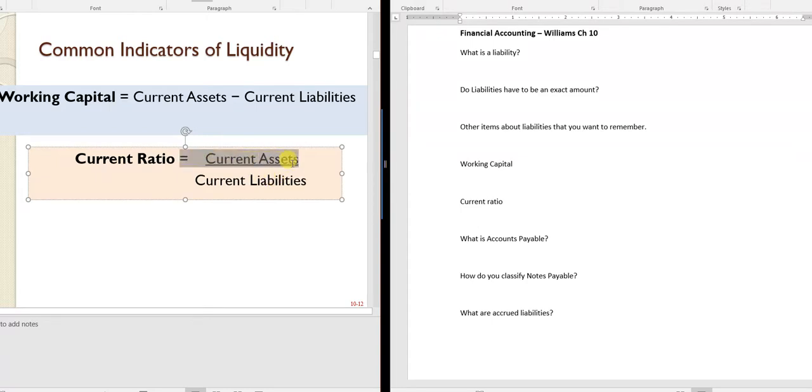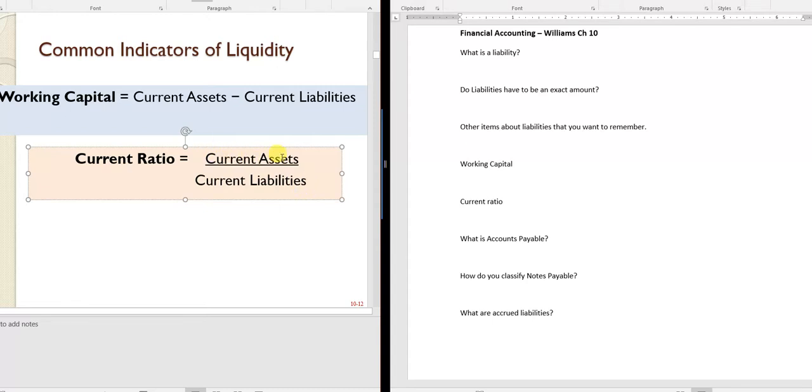So we generally want more current assets than current liabilities. That's not to say companies don't hover slightly under 1, because remember, this is a year, and some of my current assets may come in before my current liabilities, so it may just be a timing issue.